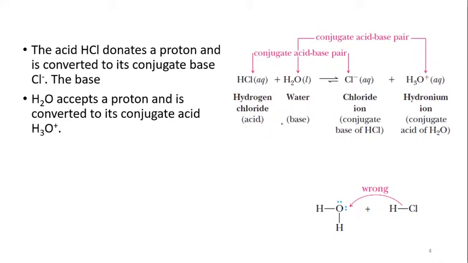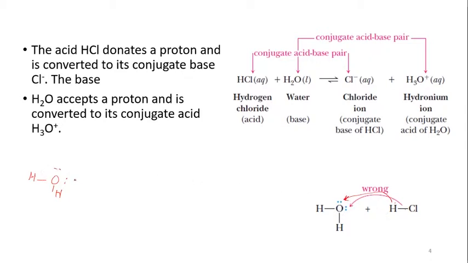Now, with the same example, if I want to show the arrows of the moving charges or protons from acid to base, I have to remember one thing: I cannot draw the electrons moving from H to the oxygen, but the other way around.